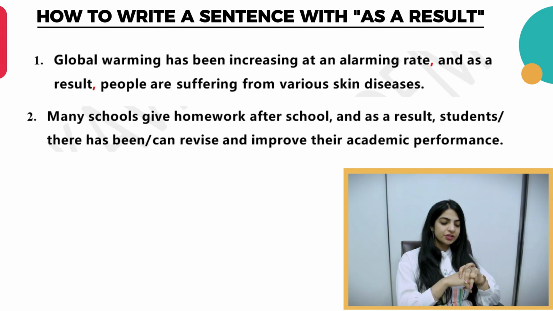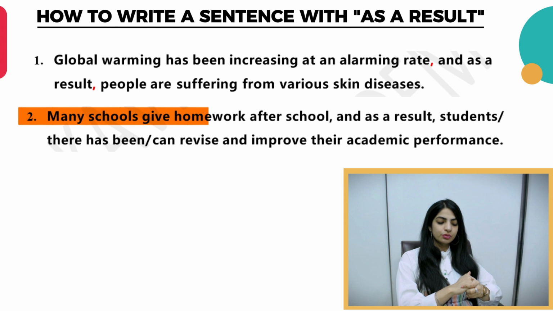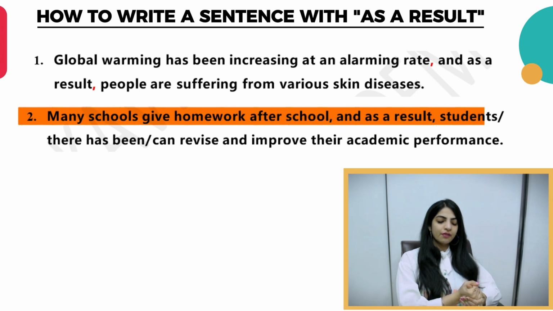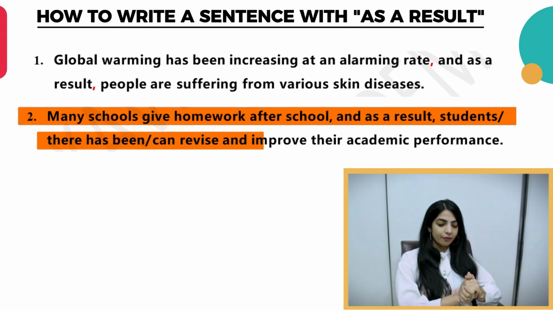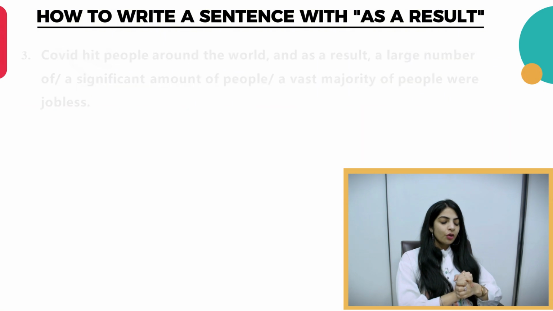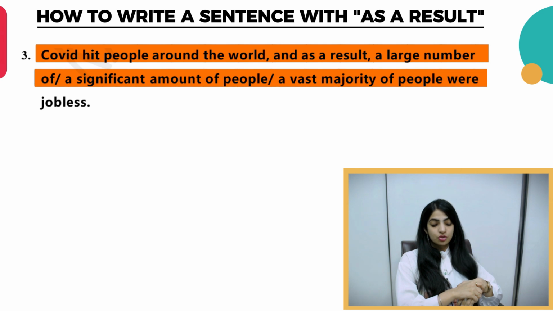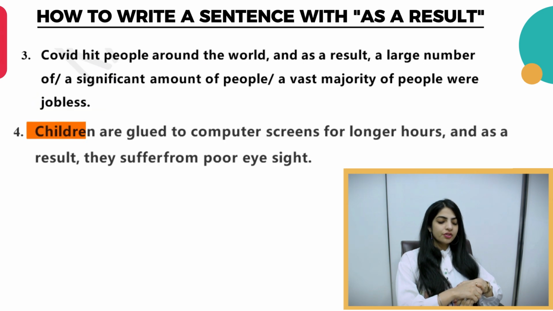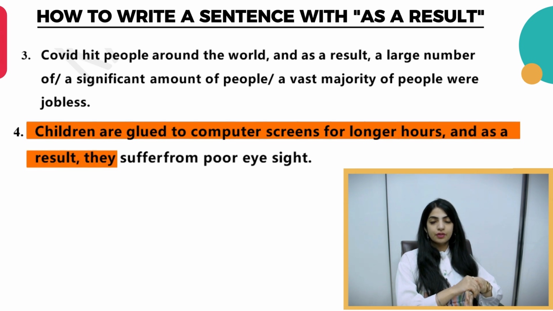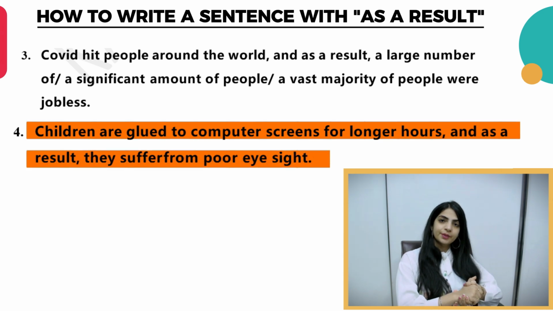Next sample sentence: many schools give homework after school, and as a result, students can revise and improve their academic performance. COVID hit people around the world, and as a result, a large number of people were jobless. Children are glued to computer screens for longer hours, and as a result, they suffer from poor eyesight.